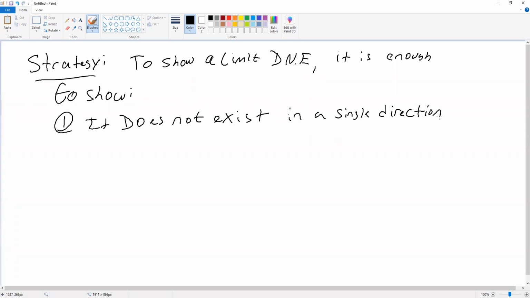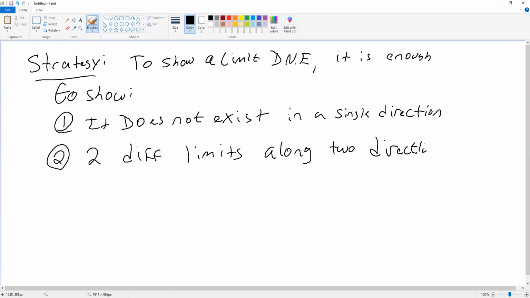By single direction, I mean, if we're doing y is equal to x and y is equal to negative x, we can show that those two are not equal and we're done. Two different limits along two different directions. That's when we're looking at y is equal to 0 and then y is equal to x. And here's a hint of caution.